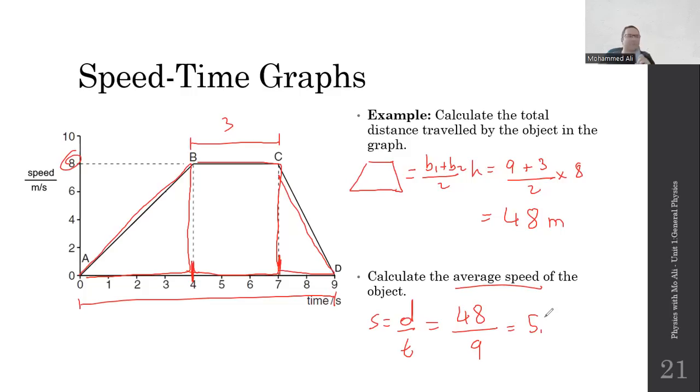How many significant figures should I write my answers to in IGCSE? Well, just write it to 3. Just write it to 3 significant figures and give yourself a rest. 5.33 meters per second. Very nice.